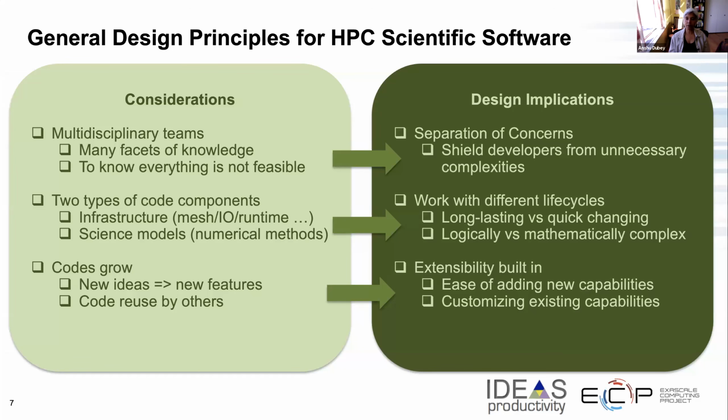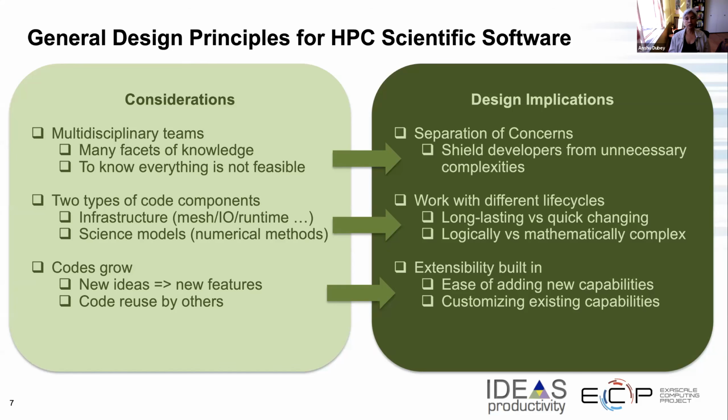And so the design implication is that they should work with different life cycles, because the infrastructure is the long-lasting code that should get a more in-depth consideration of requirements and a much more thorough exploration of the design space before it is hardened into an almost product that is not going to be changing very often through the life cycle of the entire software.